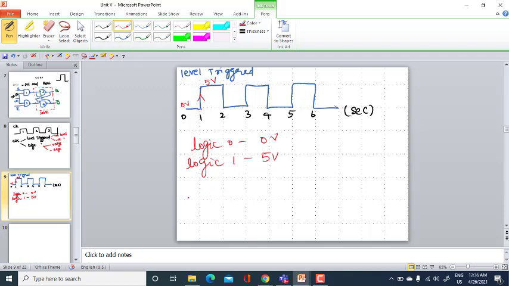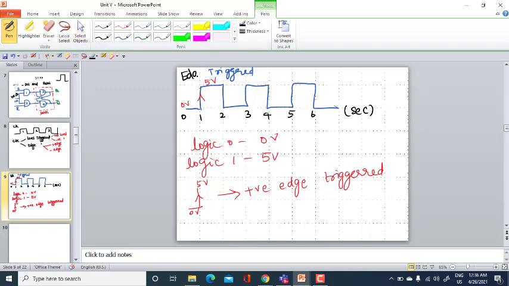Whenever it is going from 0 to 5 volt or 0 to 1, this is said to be positive edge triggered. Meaning whenever you are designing a flip-flop in the positive edge triggered, I'm sorry, I'm talking about the edge triggered, it's not level.